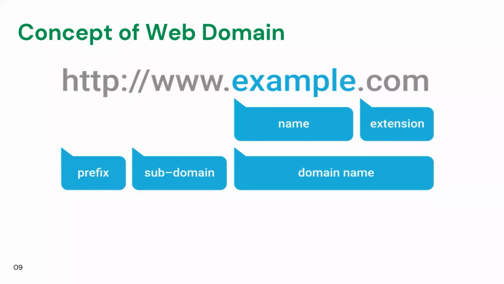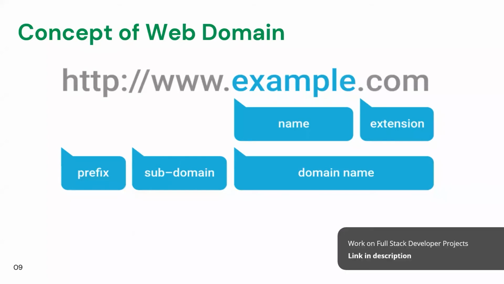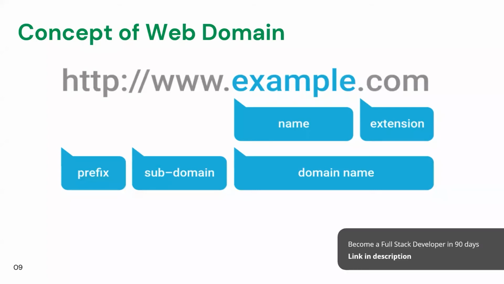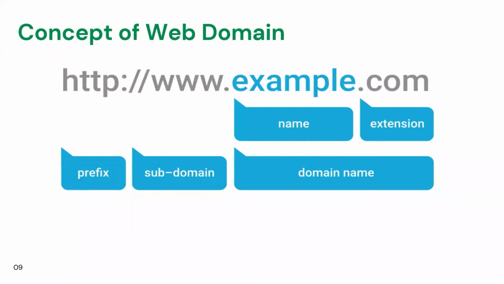So .com identifies that this is a commercial site, and similarly different types of site extensions are available. Combined, example.com, this entire part is known as the domain name. www is known as a subdomain, and HTTP is the prefix. Combining this entire part, it is known as a web domain URL.